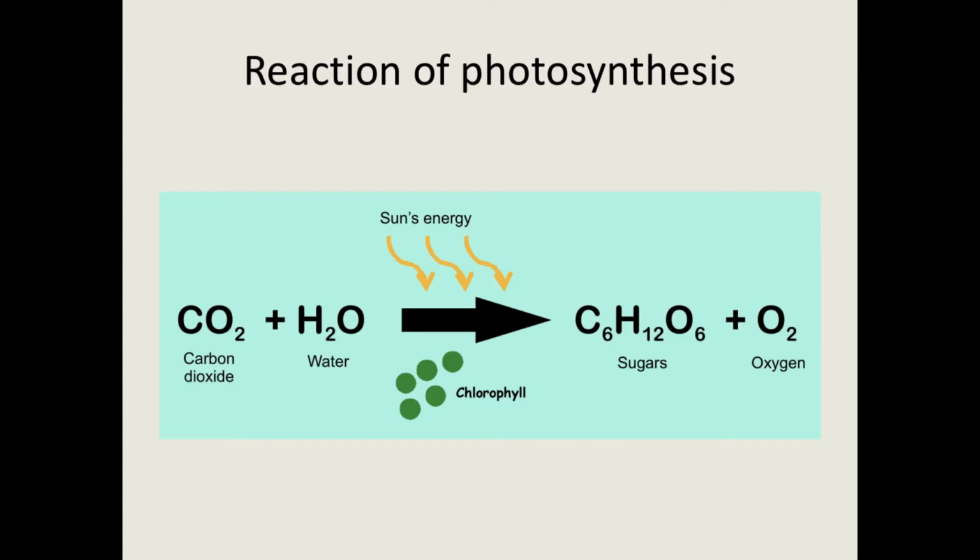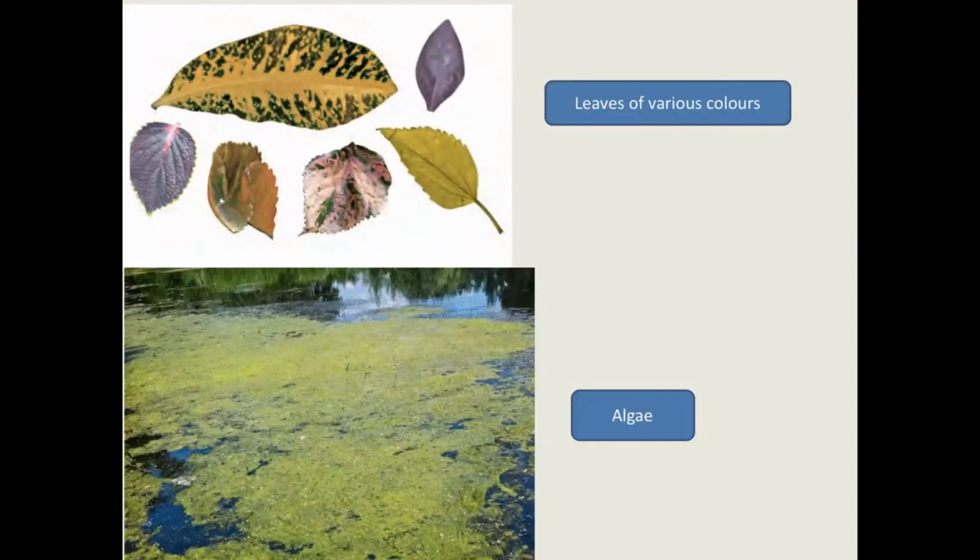As I said, the green pigment called chlorophyll is very much required for the absorption of the sun's energy. Then, what about plants like croton, which don't have the exact green coloration of the leaf? Do they also come under the autotrophic kind of nutrition? Yes.